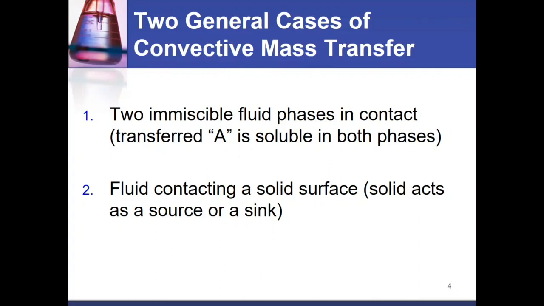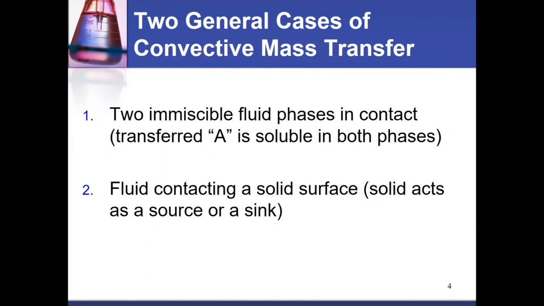These two immiscible fluids can be just two liquids, for example water and oil, which don't mix. Or gas and liquid, where the gas is insoluble in the liquid and the liquid is not volatile, so the two phases don't mix. So we call them immiscible.